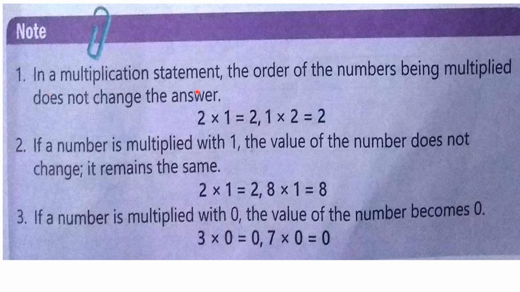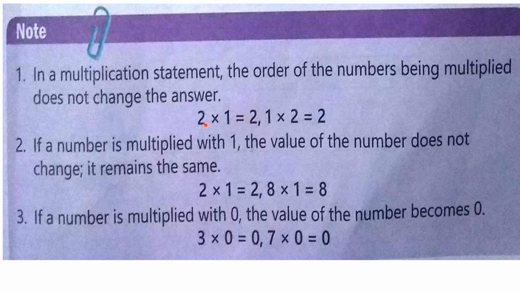In a multiplication statement, the order of the numbers being multiplied does not change the answer. This means that whenever we are doing multiplication, the order does not matter, the answer will remain the same.